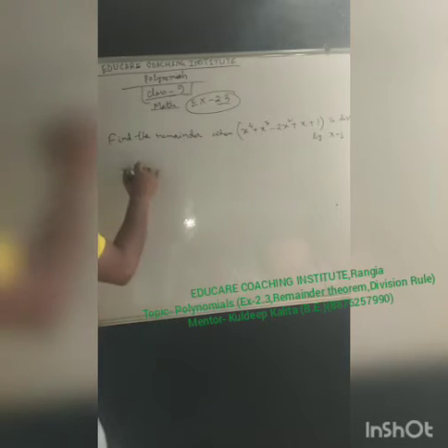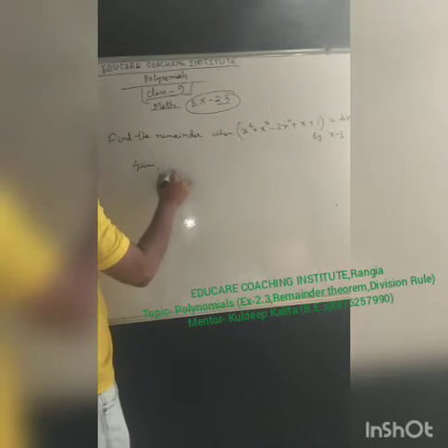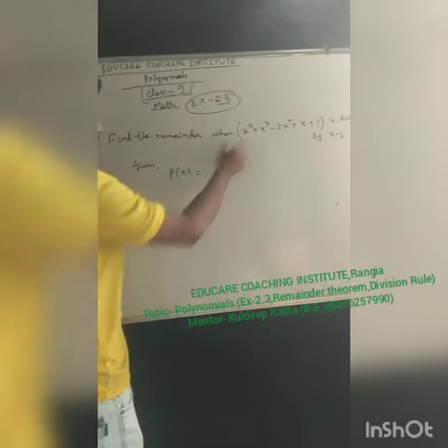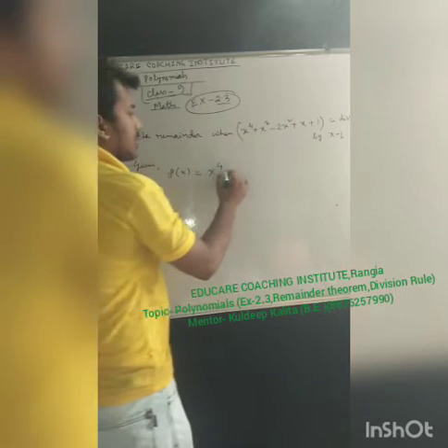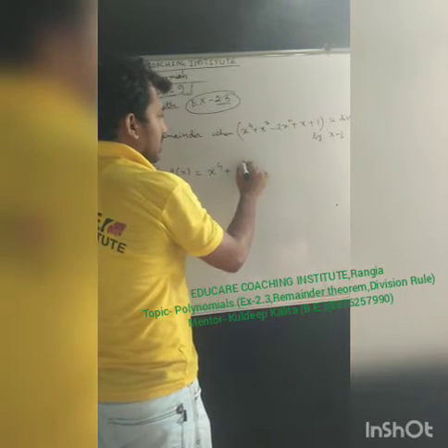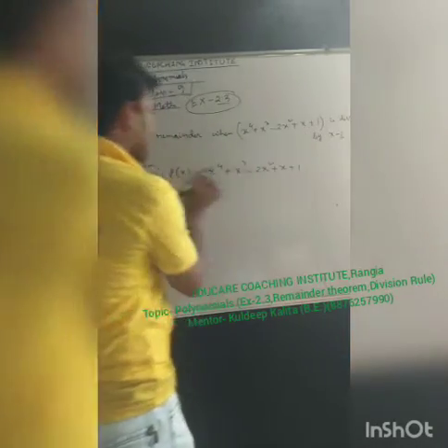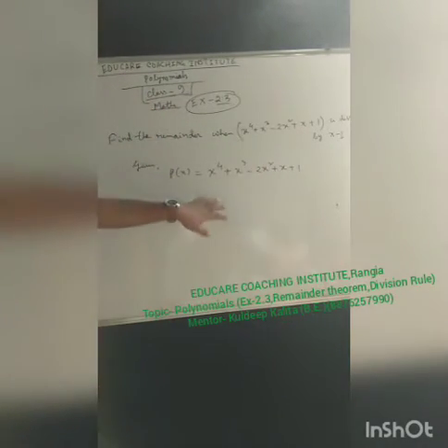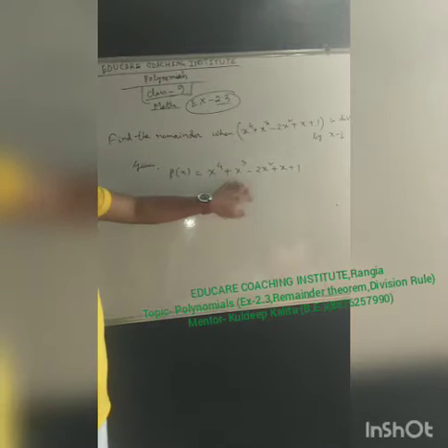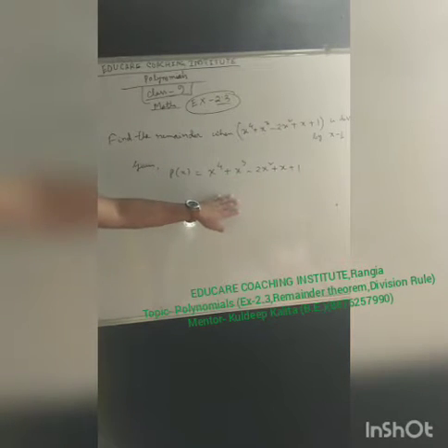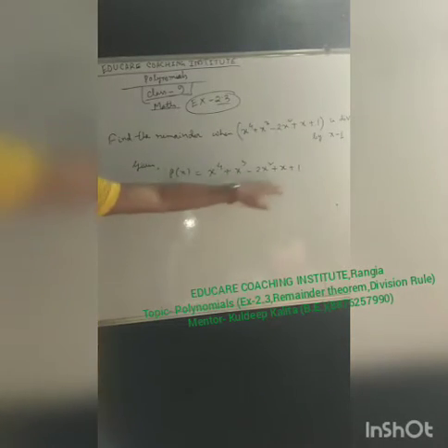First step, given: P(x) is x to the power 4 plus x cube minus 2x square plus x plus 1. This is P(x), the polynomial which is to be divided. It is given to us here.